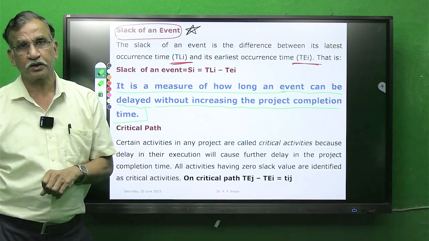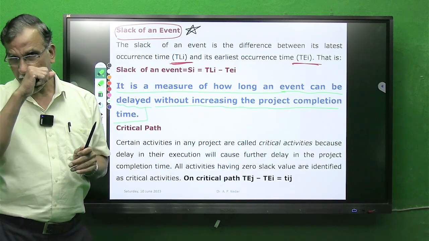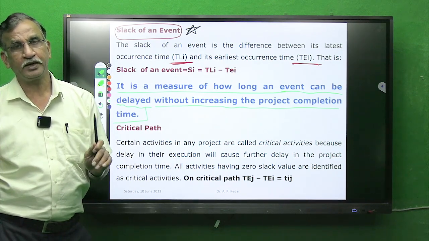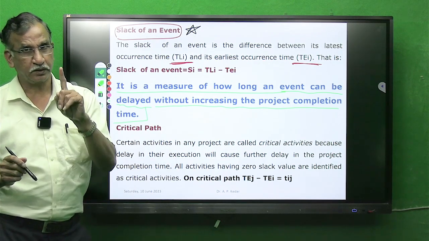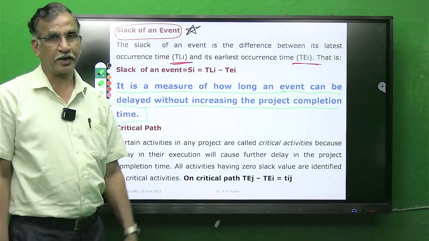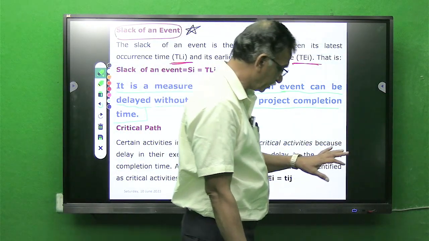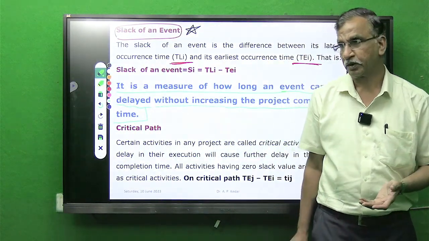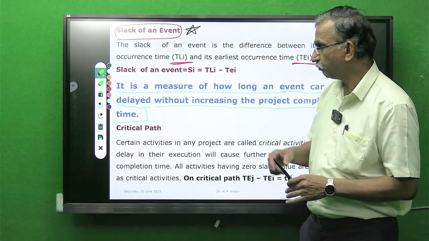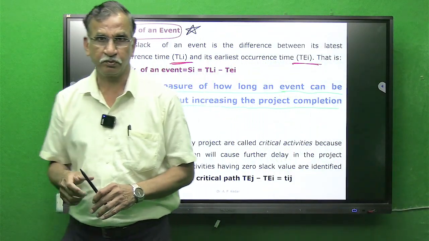Your intention as a project manager should be to complete the tasks without delay as per the predefined schedule. That you have to keep in mind. So if there is no slack, there is no permission of delay. But if there is slack, then we can delay that activity by some amount.